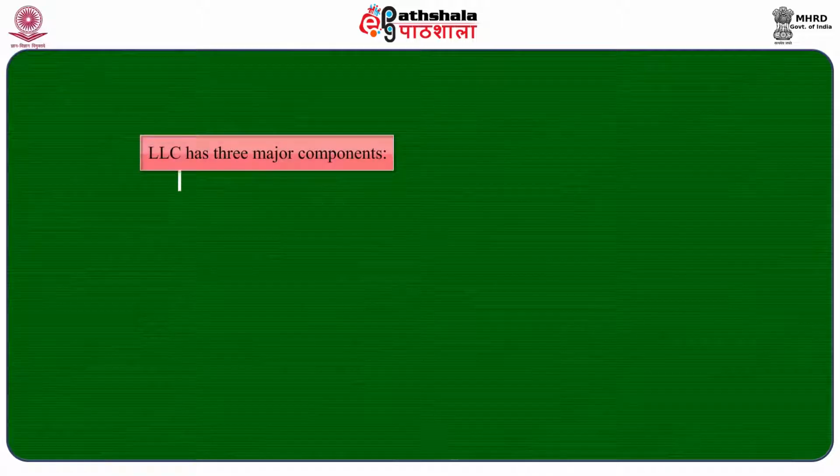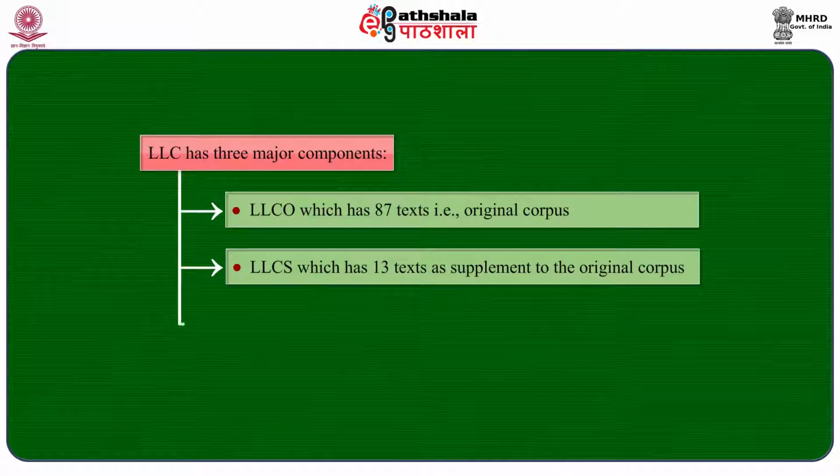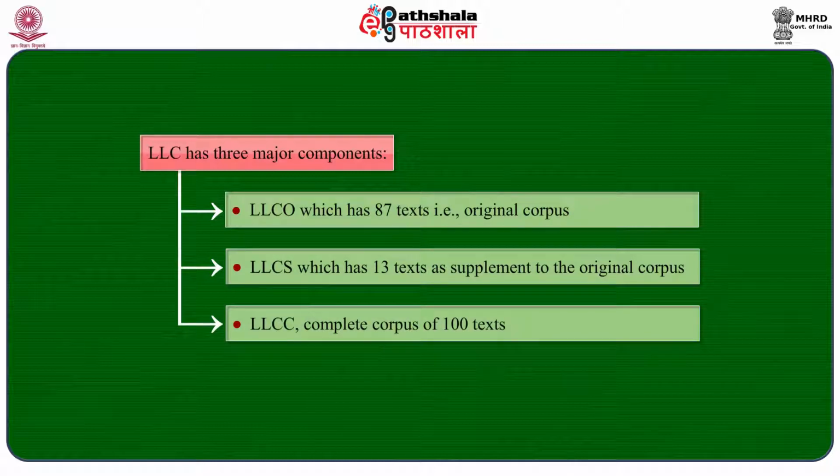At present, the LLC has three major components. One is called LLC-O, which has 87 texts, that is the original corpus. Then LLC-S, which has 13 texts as a supplement to the original corpus, and LLC-C, the complete corpus of 100 texts.